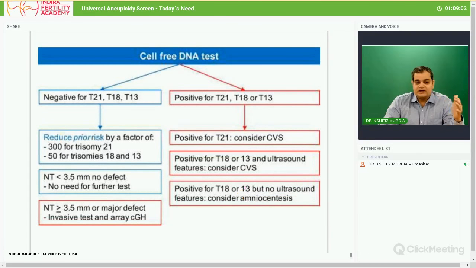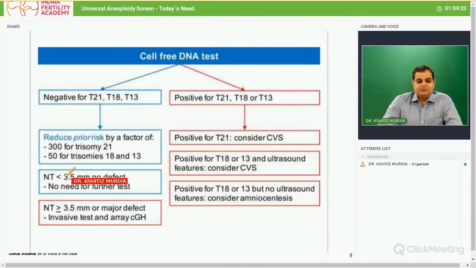But if there are no ultrasound markers for trisomy 18 and 13, then do amniocentesis rather than doing CVS. If it is negative, then it will drastically decrease the need for amniocentesis or invasive testing.